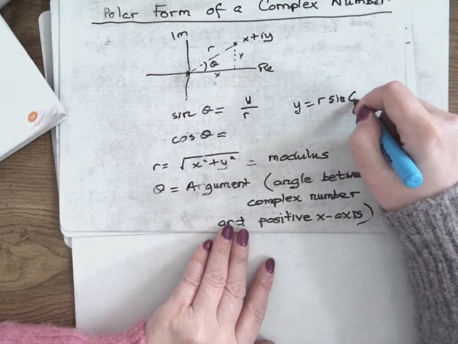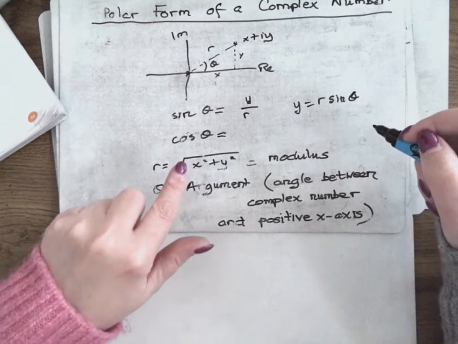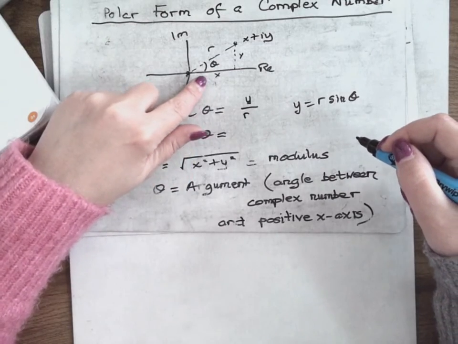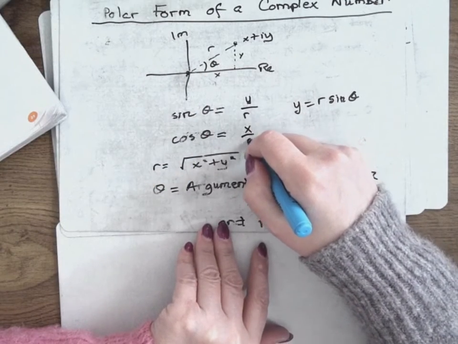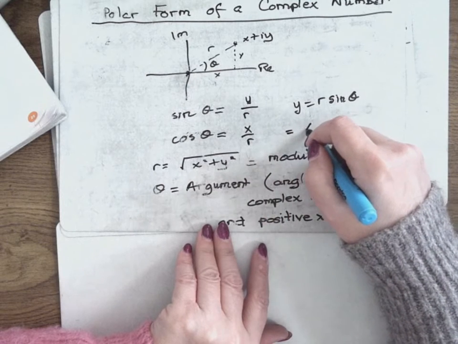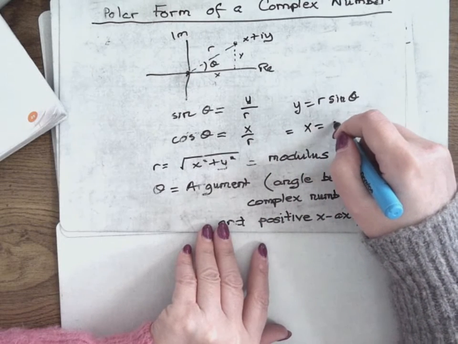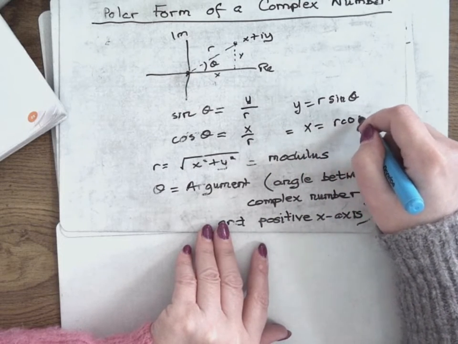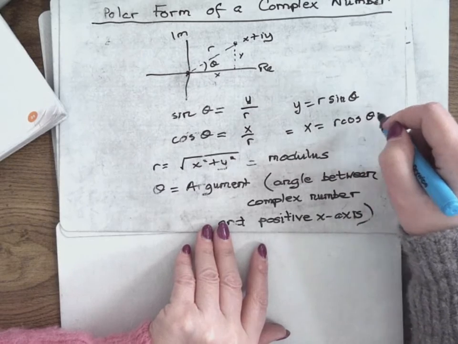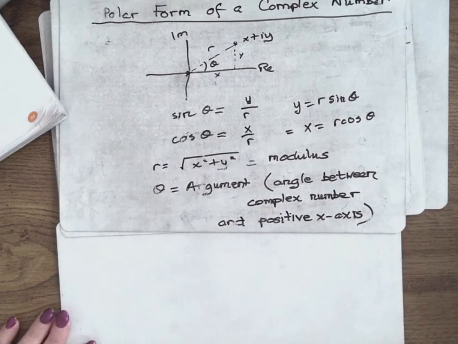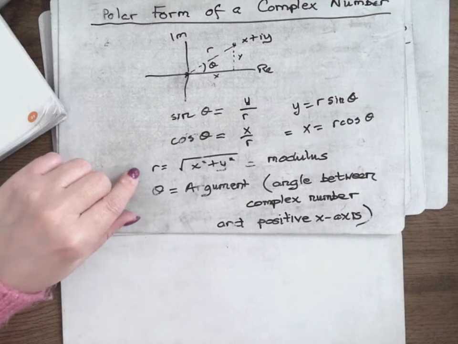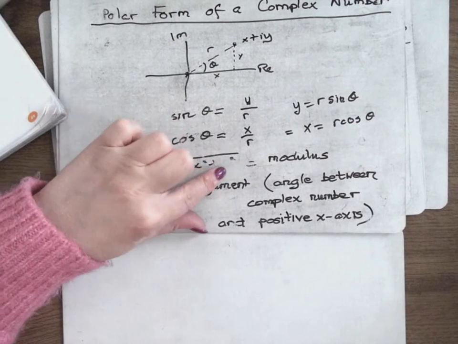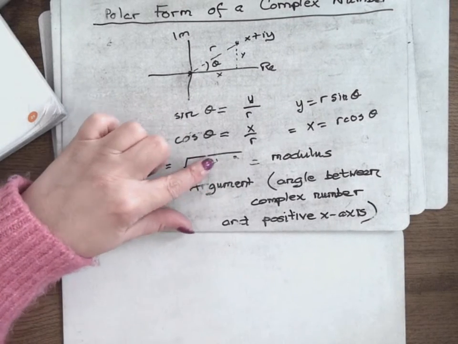Cos of theta is adjacent over hypotenuse, which is x over r, and I can rearrange that. So instead of writing x, I could write r cos theta. Now, r was the modulus, the square root of x squared plus y squared because of Pythagoras' theorem.